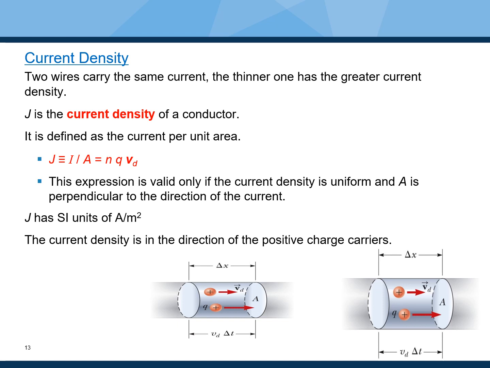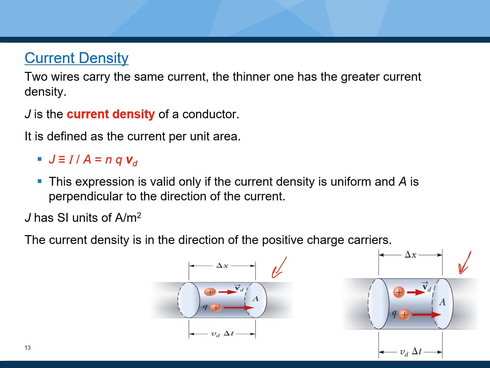So with this understanding, we now want to develop a notion of something that is independent of the geometry of the wire itself. So imagine, if you like, that we have two possible wires. The wire to the right is thicker, the wire to the left is thinner. Both wires are carrying the same amount of current in them.